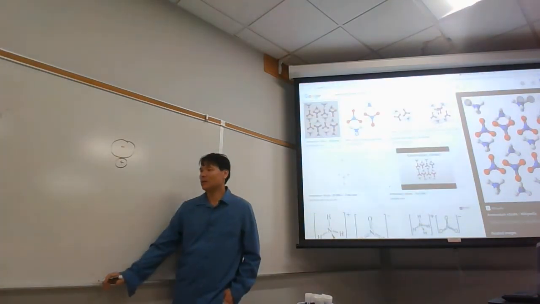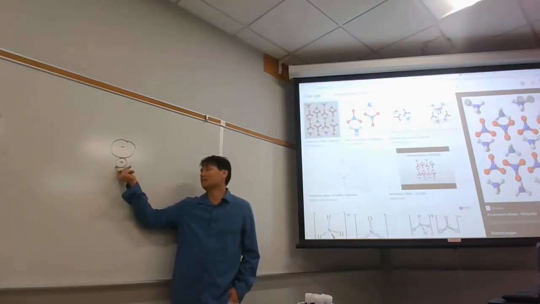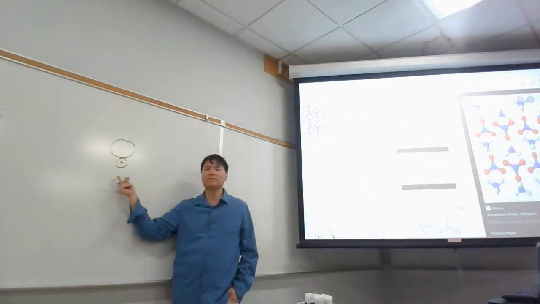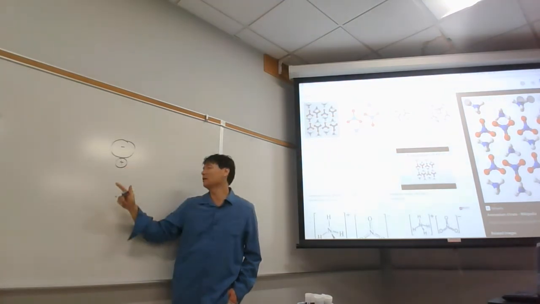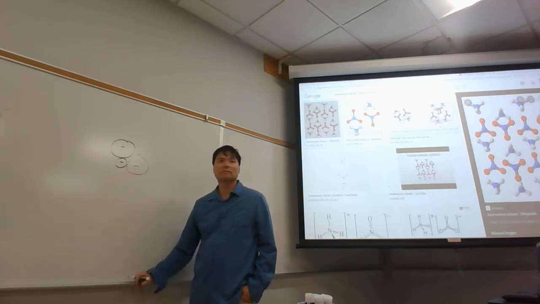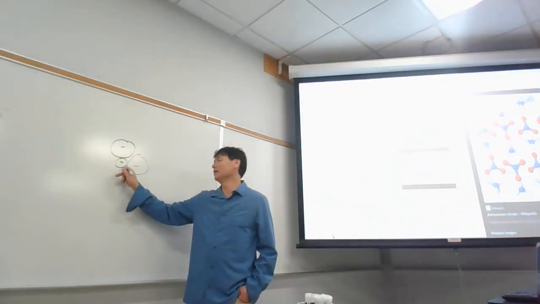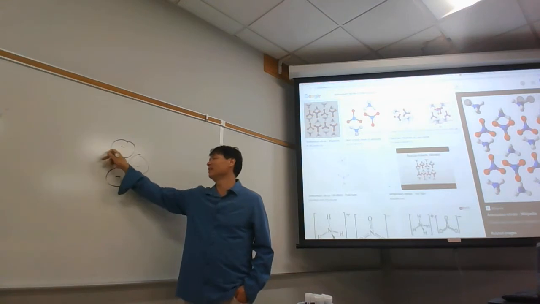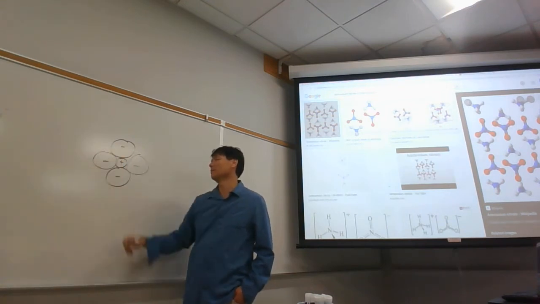But the situation is, if this is positive, it actually wants to surround itself with as many negatives as possible. Do you think a positive is going to come in here? No. In fact, what's going to happen is if this is positive, then another negative is going to come in here like this. But there's even more room over here, so we'll put in another negative here and then another negative here.